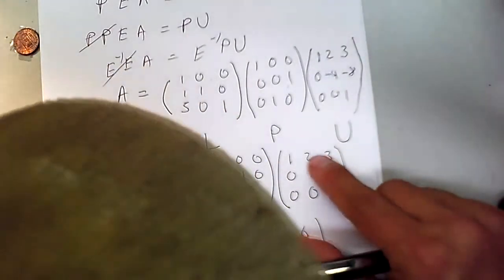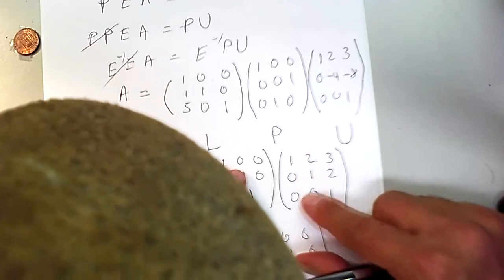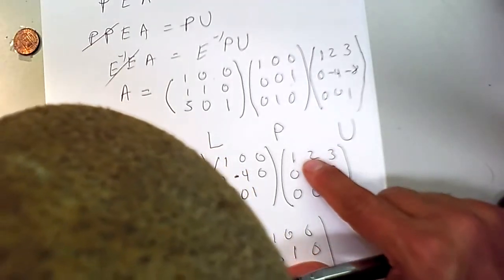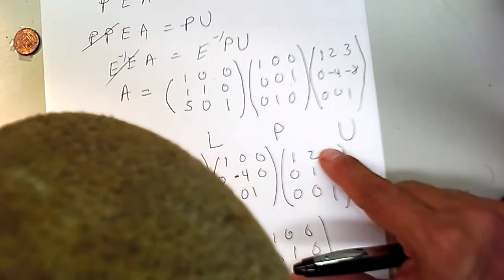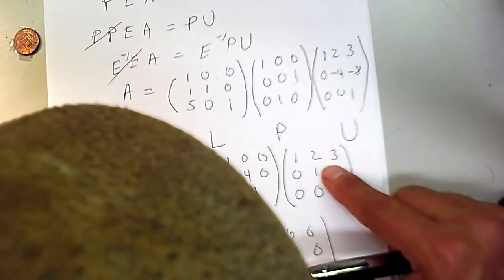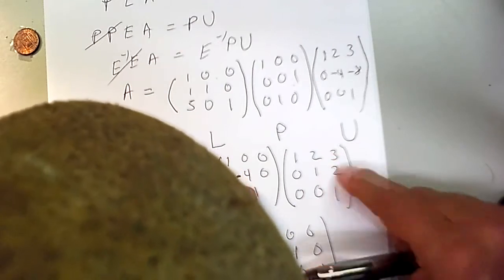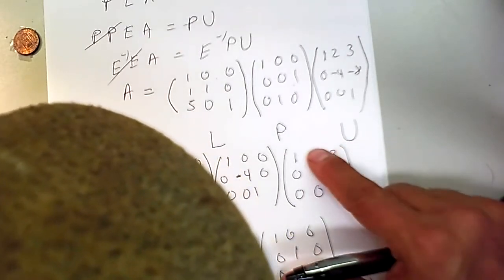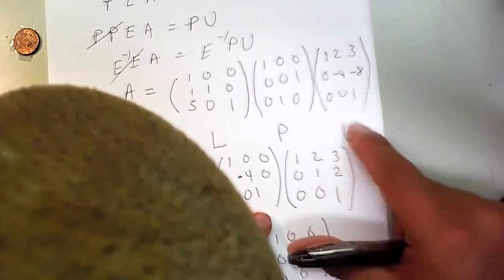And I double check just to be sure. So we get 1, 2, 3, and then we get 0, -4. Yep. -8. And then, yeah.